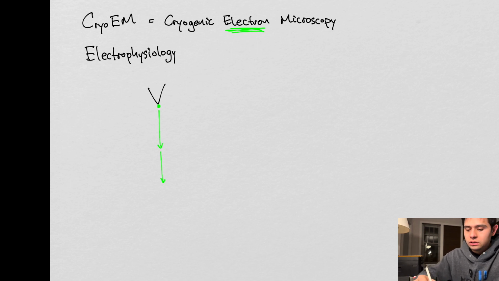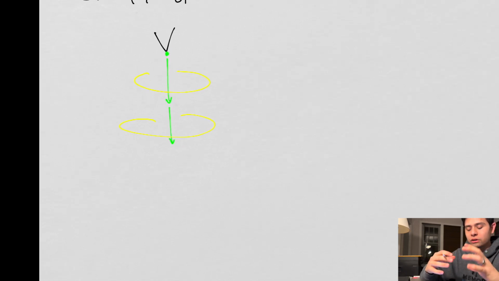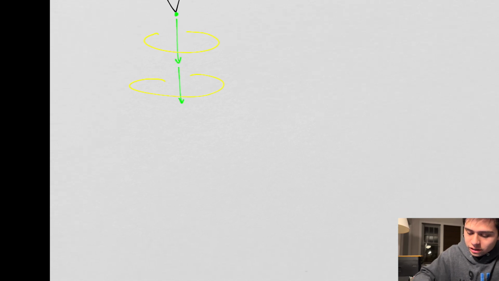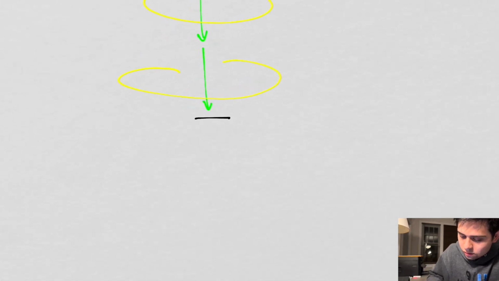So you use these coils or these wires to focus and speed up electrons that go really, really fast. And then you have your sample. Right, so your sample is on some grid.